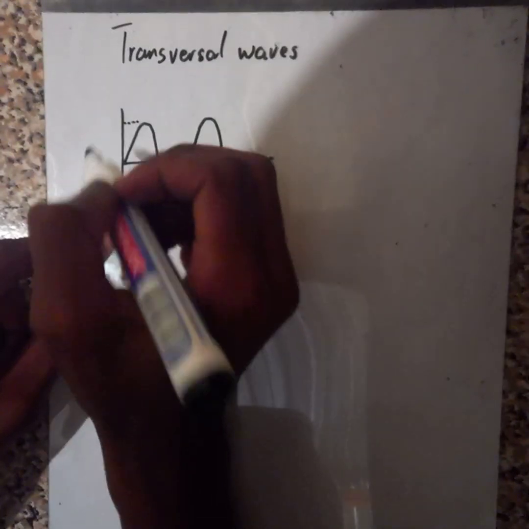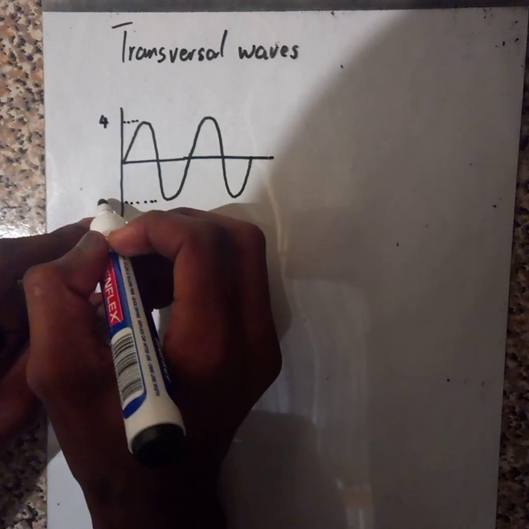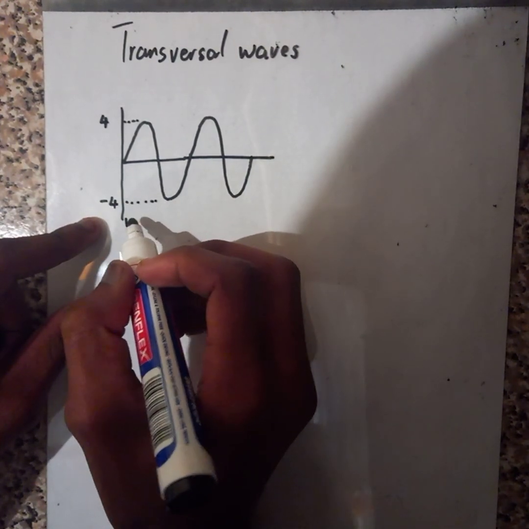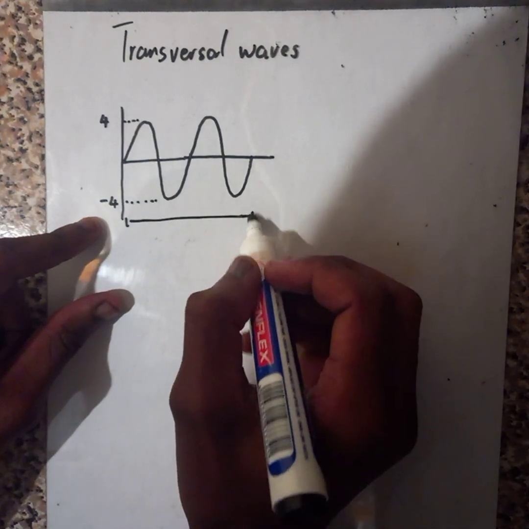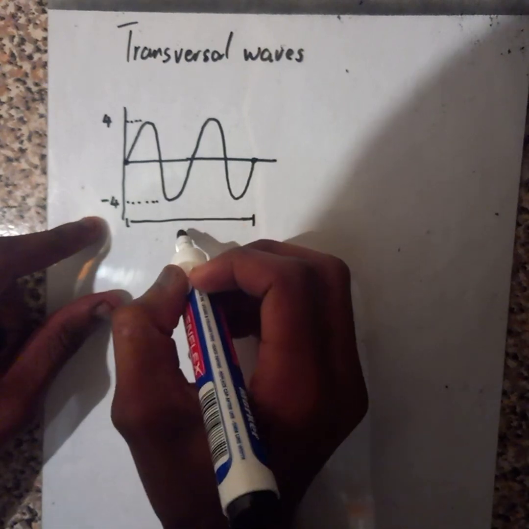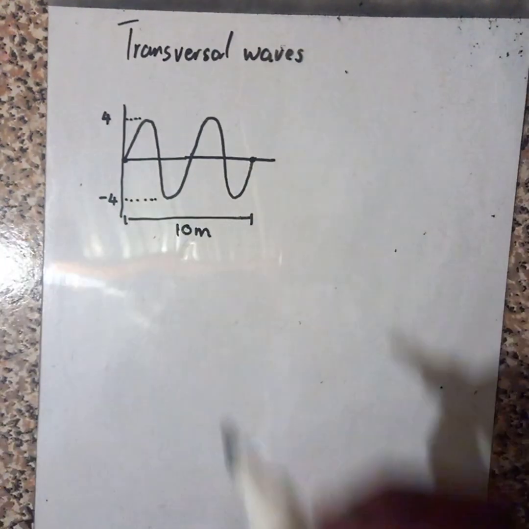this point. Let's say this point is 4, then this one we say it's -4. Then from this point till this point, we have, let's say, 10 meters.